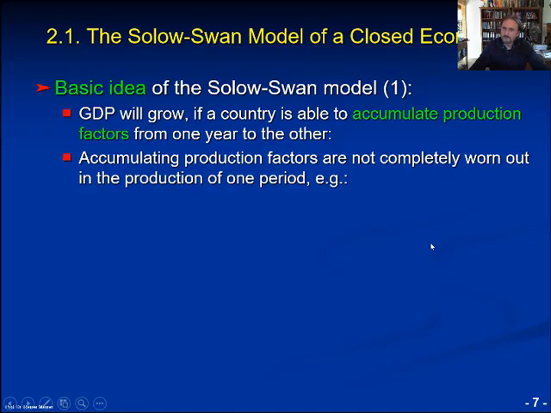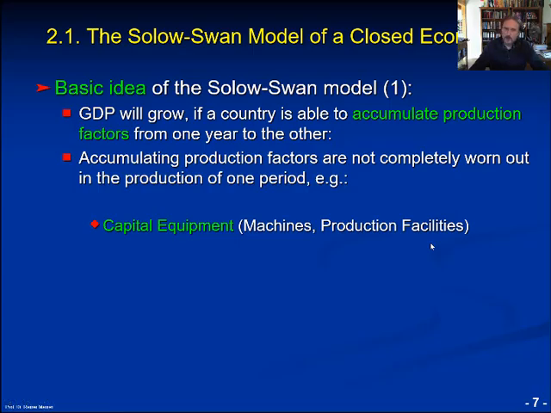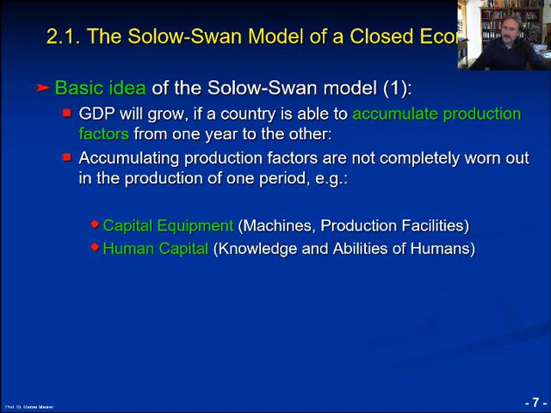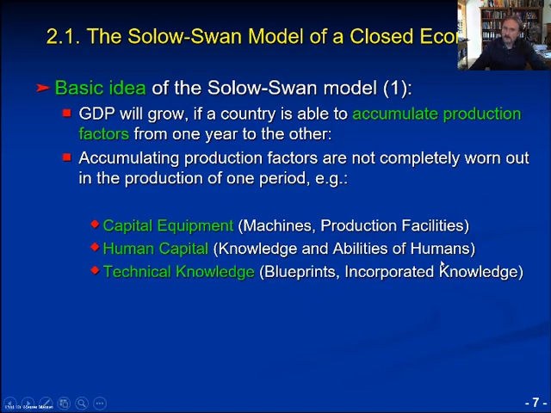For example, capital equipment like machines and production facilities, human capital, the knowledge and ability of humans, or technological knowledge, blueprints of new technologies, for example, or knowledge incorporated in machines.